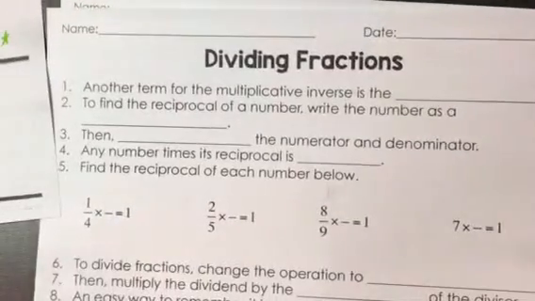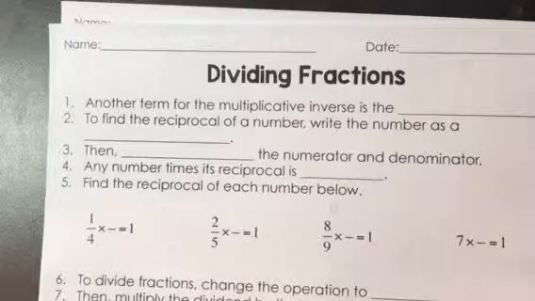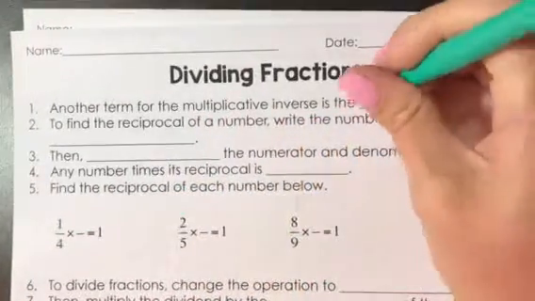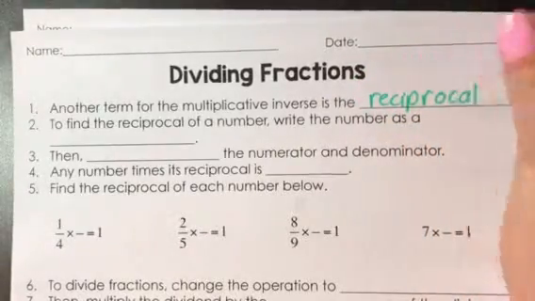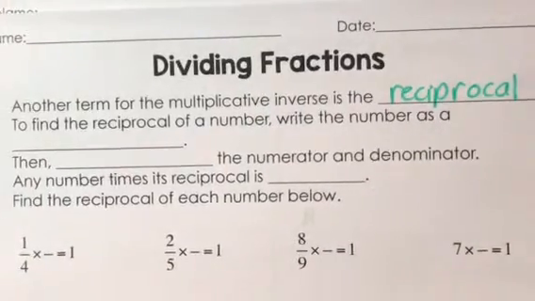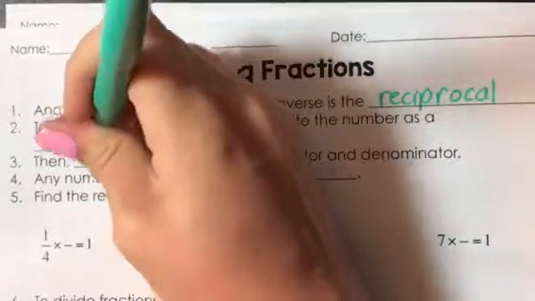So we're going to jump right into the notes because it's a pretty quick lesson today. So dividing fractions. Another term for the multiplicative inverse is the reciprocal. To find the reciprocal of a number, you have to write the number as a fraction first.